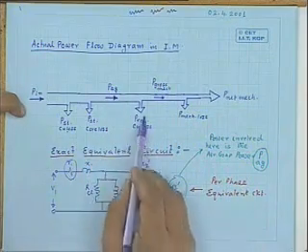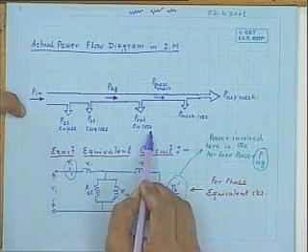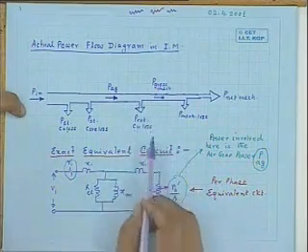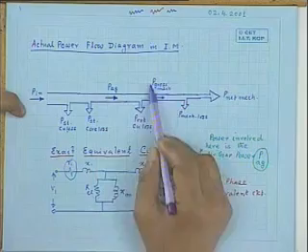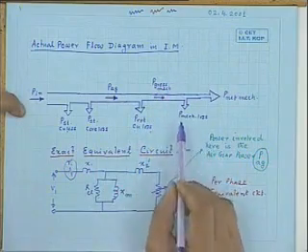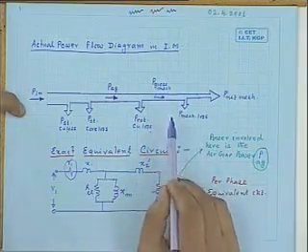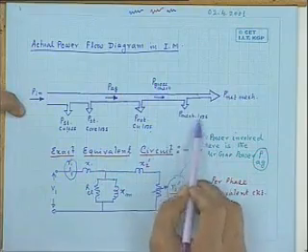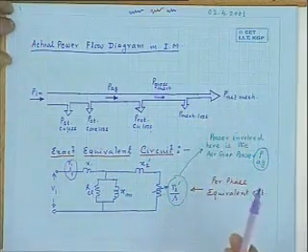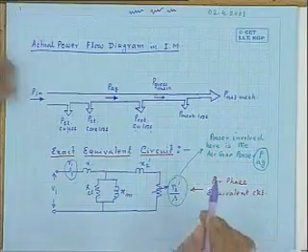Now out of this PAG, a portion will be lost in the rotor resistance, and if you subtract that, you get the gross mechanical power developed by the machine, and from that, if mechanical loss is subtracted, you get the net mechanical power output.